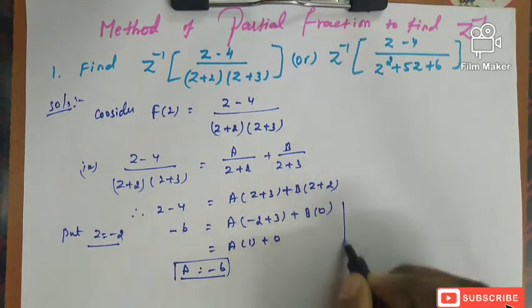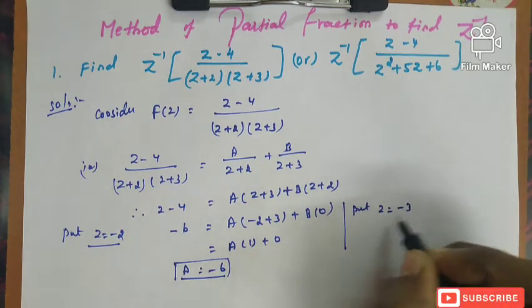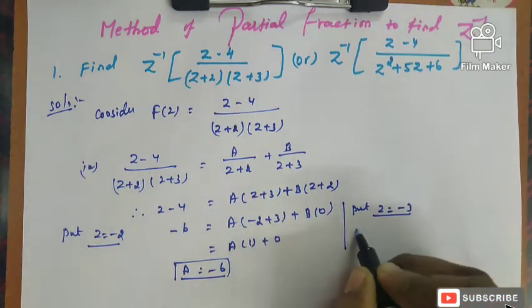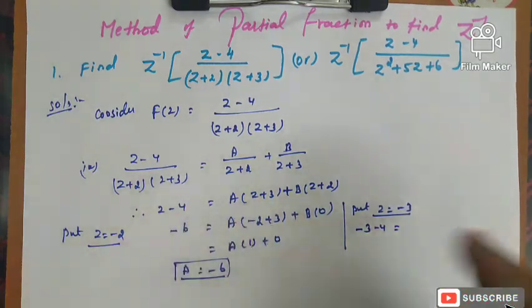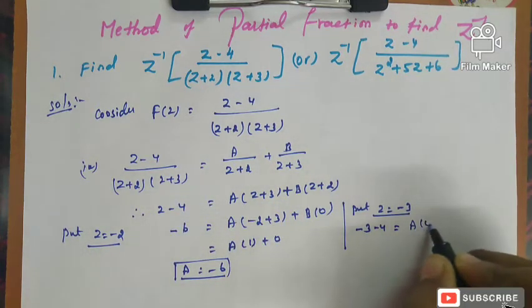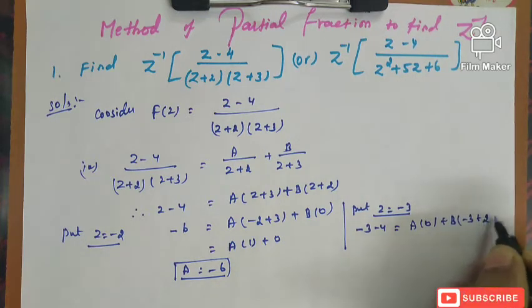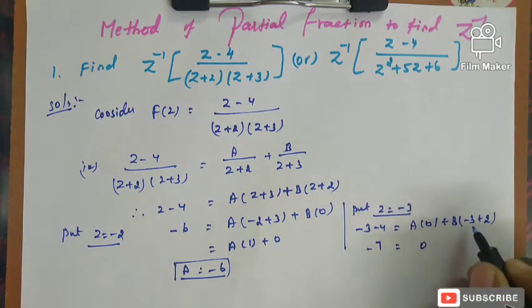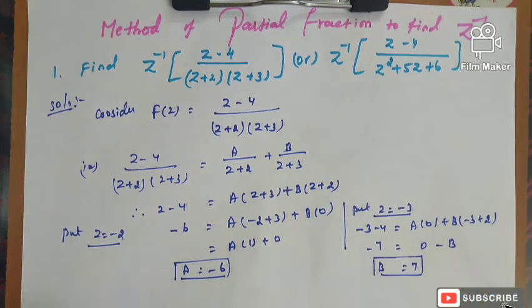In the same manner, put Z equal to minus 3. When we substitute minus 3, the A term will become 0. So minus 3 minus 4 on the left side, and A into 0 plus B into minus 3 plus 2 on the right. So minus 7 equal to, the first term becomes 0, and minus B. So B equal to, minus minus will cancel off, so B equal to 7.